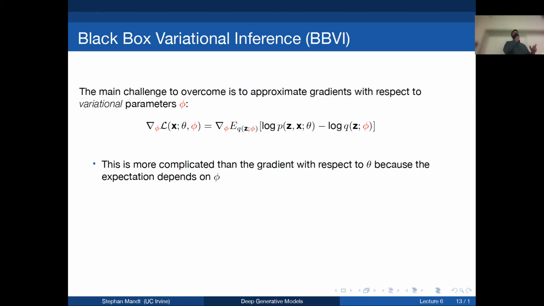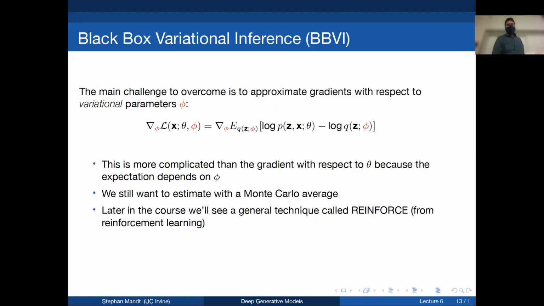It's essentially not clear how the gradient backpropagates through that operation. We still want to somehow work with Monte Carlo estimates because it's the only way to deal with these expectations. But how exactly do we do that? Later on, we'll talk about REINFORCE gradients, which are an alternative. But for now, we'll talk about the so-called reparameterization trick.